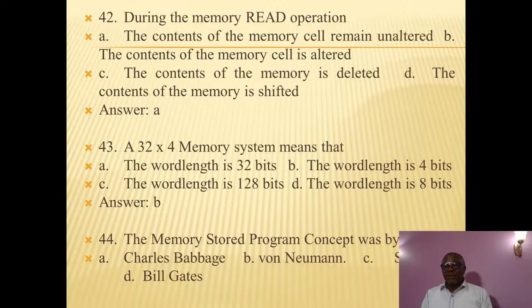We know Steve Jobs is associated with Apple computers. We know Charles Babbage, the man that discovered the difference engine, those days called the father of modern computers, while von Neumann is the architect of the stored program concept.